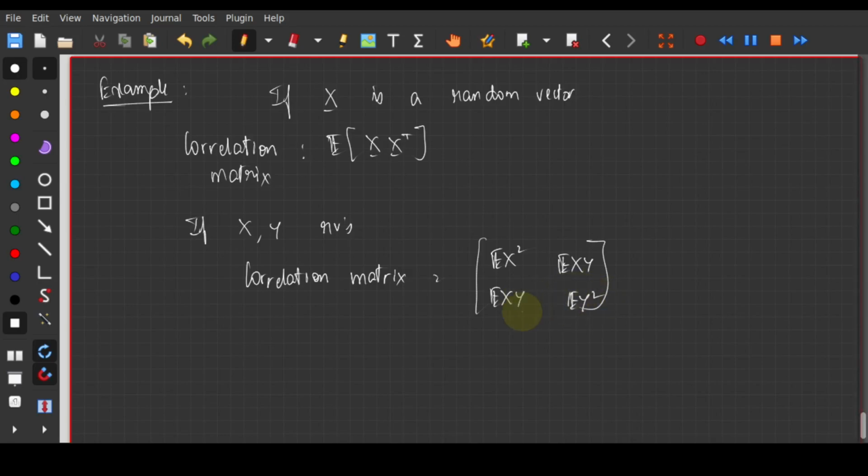So for any two random variables x and y, you can define this correlation matrix, where expectation x square and expectation y square are simply the second moments of x and y. Expectation xy is just the correlation between the two.